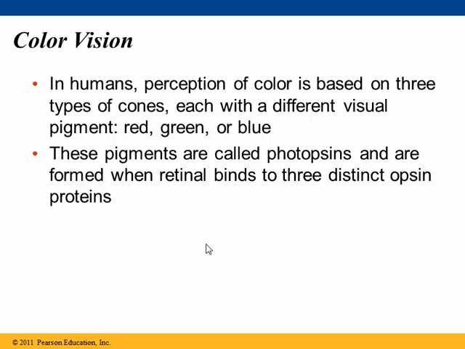Now, I'm not going to spend a lot of time on color vision, but you know all colors are combinations of red, green, and blue, and a projection TV only has to project these three colors and mix them, and you will get all the colors you're used to seeing.